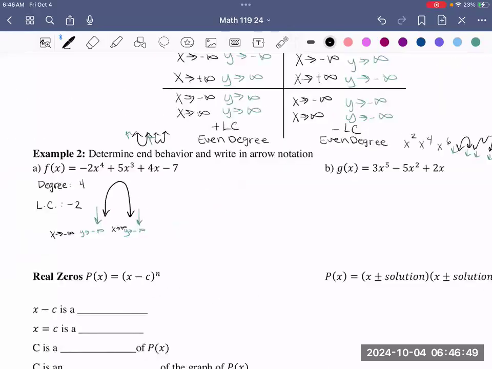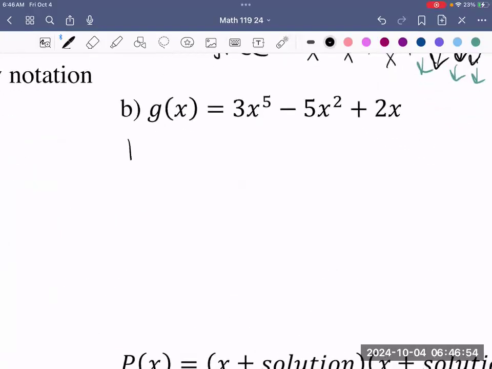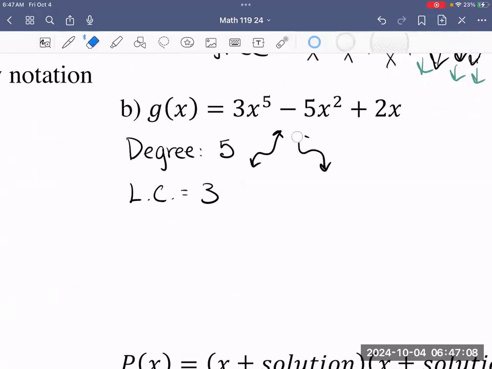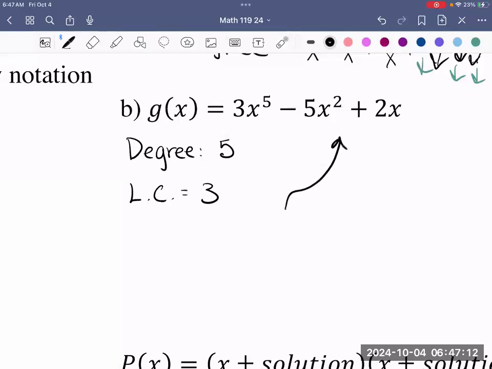So see if you can try B. So your degree here is 5. Your leading coefficient is 3, so it's positive, right? 5 suggests we are this S-shaped curve. Your leading coefficient is positive, meaning that we have an S going up, meaning that one arm is going down towards negative infinity, one arm is going up towards positive infinity.